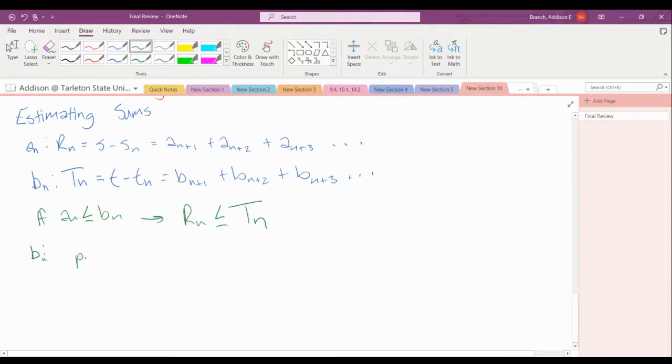If B is a p-series, then you'll use the integral form for the remainder, and say that your integral from n+1 of f(x) dx is less than or equal to T, which is less than or equal to your integral from n of f(x) dx.